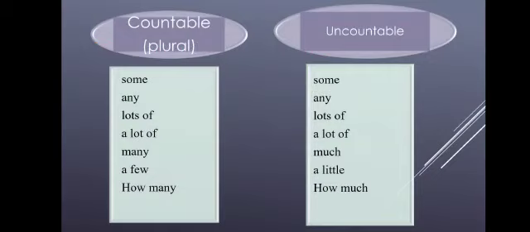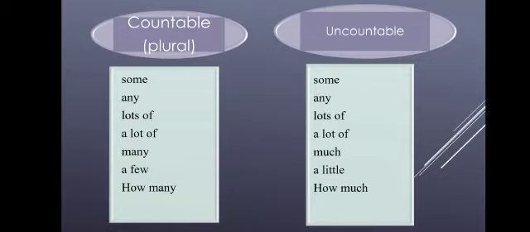So here, look at this table. For countable plural nouns, we can use some, any, lots of, a lot of, many, a few, how many. For uncountable nouns, we can use also some, any, a lot of, lots of, much, a little, how much.